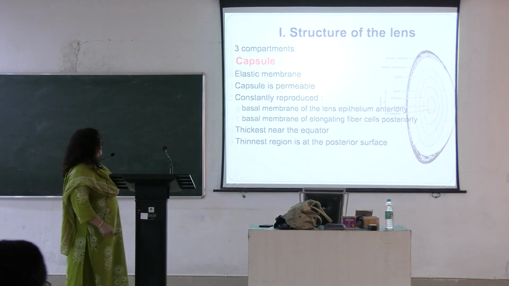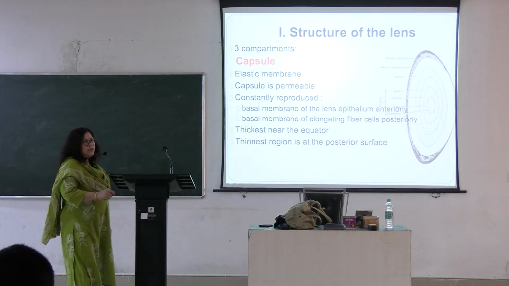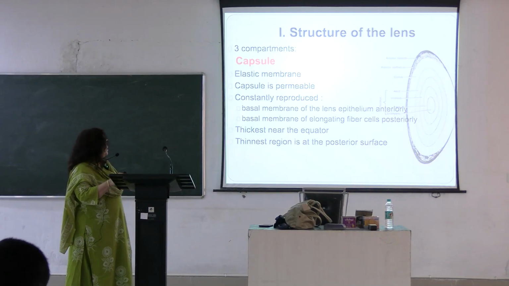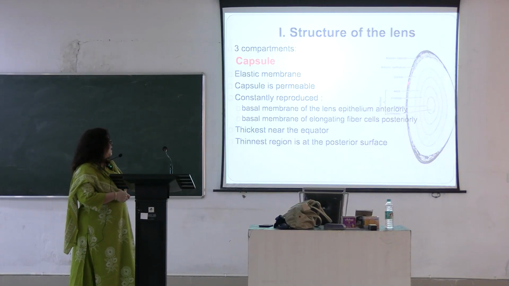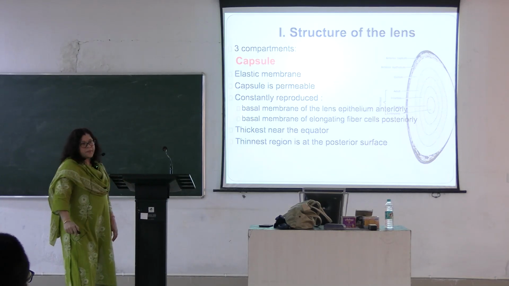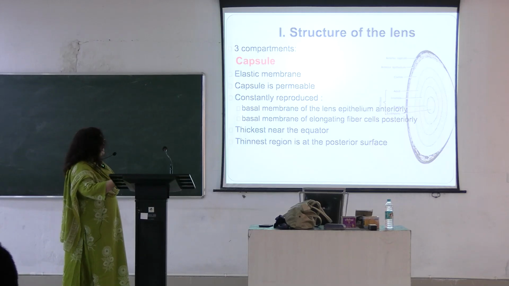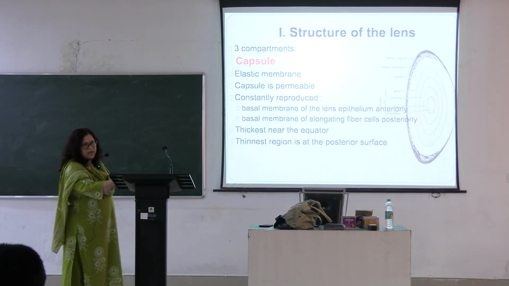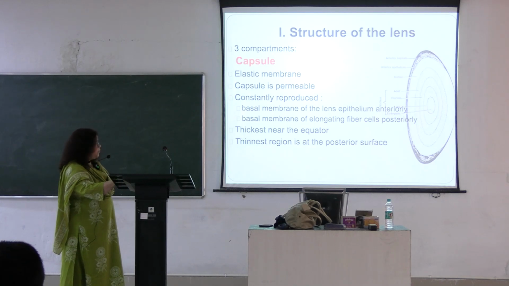Then the structure of the lens. It has three components: outer capsular part, middle cortical part, and inner nuclear fibers. So the capsule is an elastic membrane. It is a semi-permeable membrane which permeates different kinds of particles, and it is constantly reproduced.